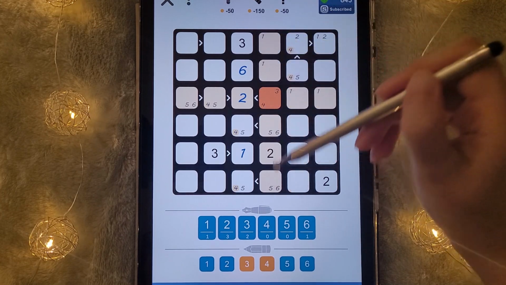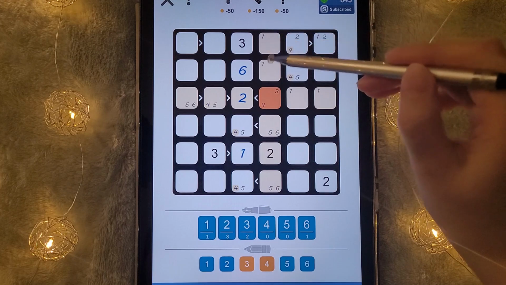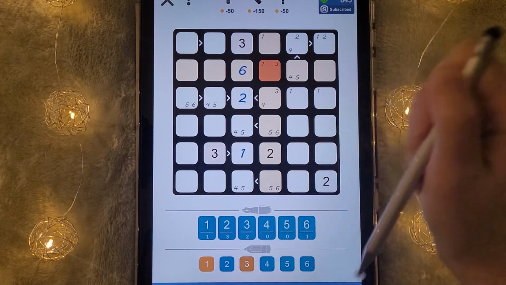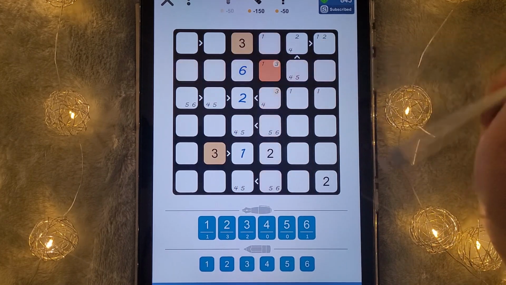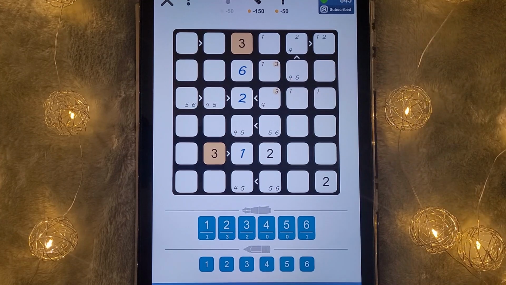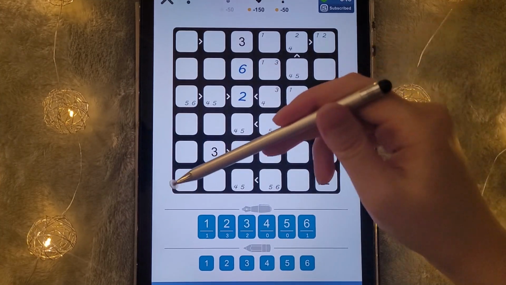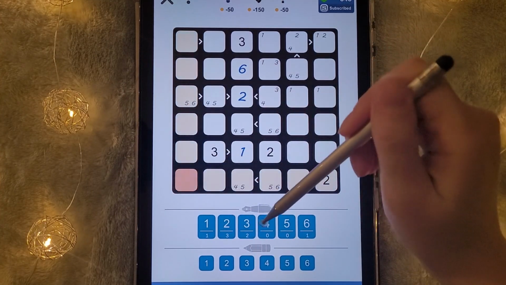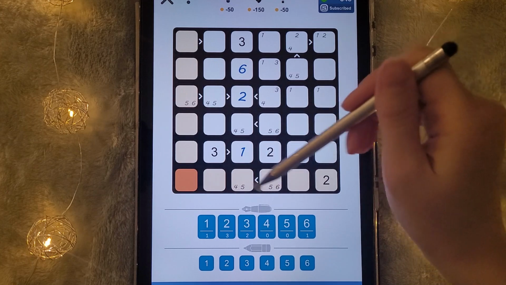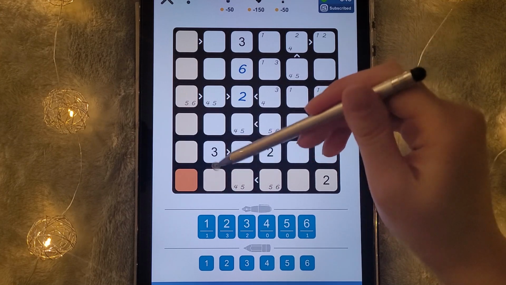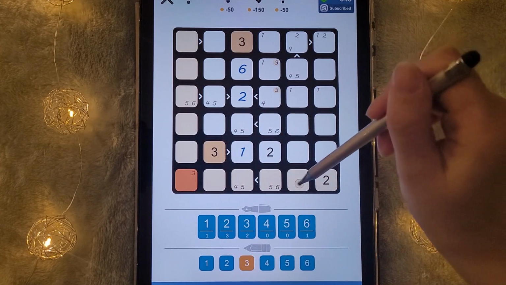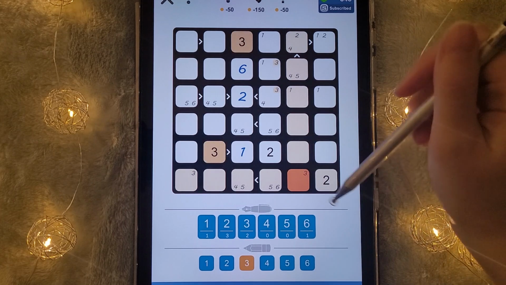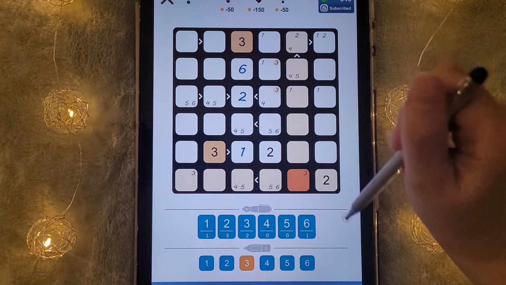And I can pencil mark in one more 3 for this column. I can pencil in that as a 3 potentially. Okay, so down here I can pencil mark in the 3s. So 3 can't go in these cells and it can't go in this cell because it sees that 3. So there we go.